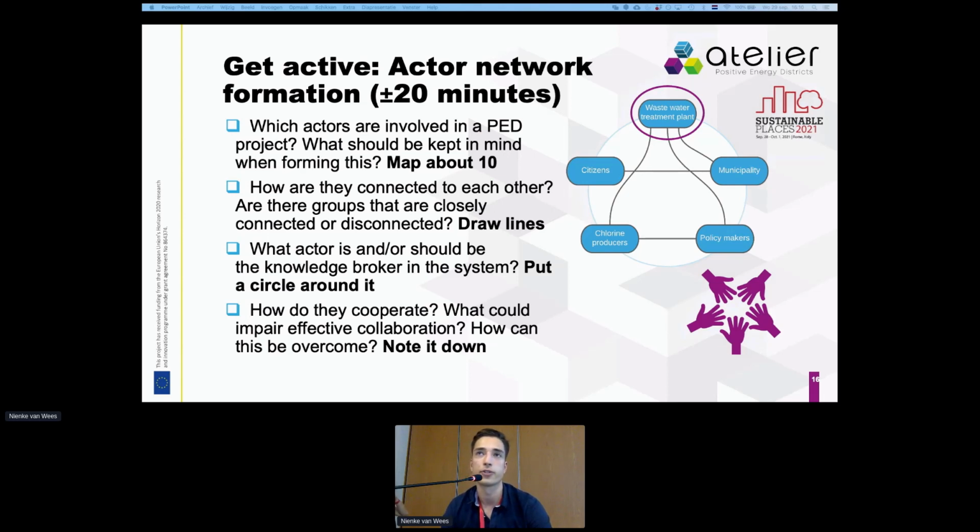If you think those 3 departments are that much different from each other and should all be included in the actor network, you can use all 3 of them. If you think they resemble each other and are very closely connected, you can write it as the municipality itself. So you can think about what the 10 most important actors for you in a PED project are.